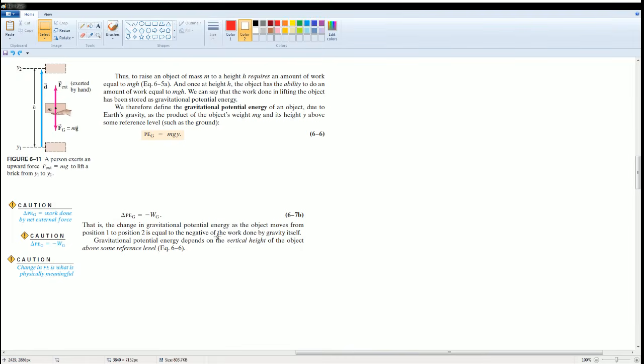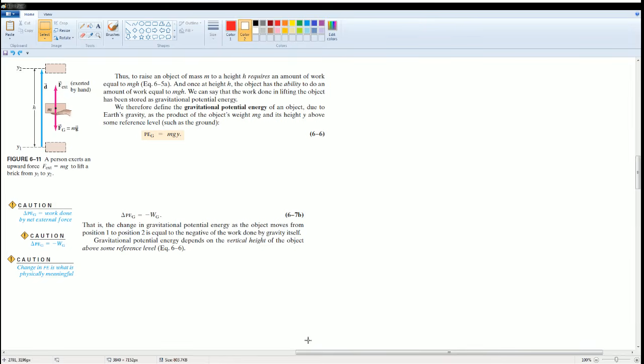It's the negative of the work done by gravity because the work is negative when the gravitational potential energy is increasing. The gravitational energy depends on the vertical height of the object above some reference level.